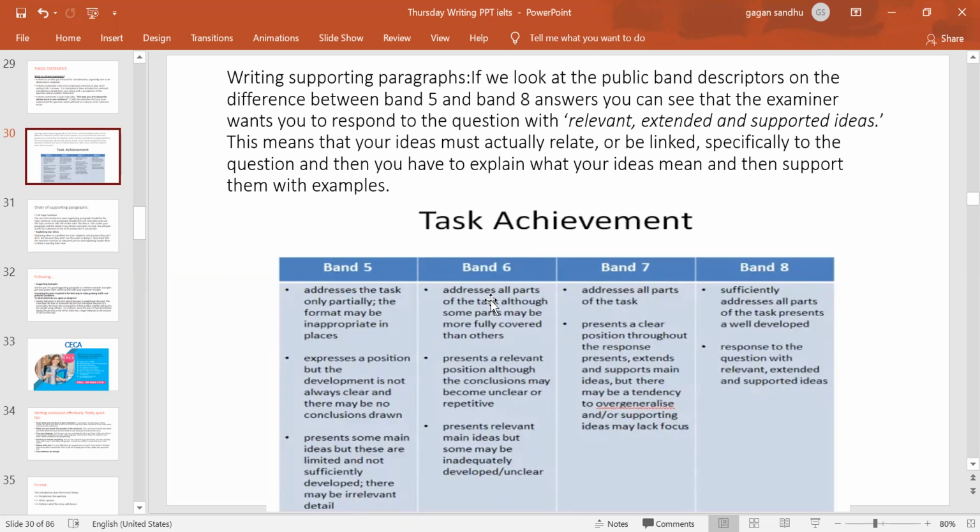That band 6 addresses all parts of the task, although some parts may be more fully covered than others. So maybe I picked up two ideas to explain the disagreement to the given essay. The first body paragraph I explained very beautifully. I gave the relevant ideas, I explained them, and then I added a supporting example, then I added a resulting sentence to that.